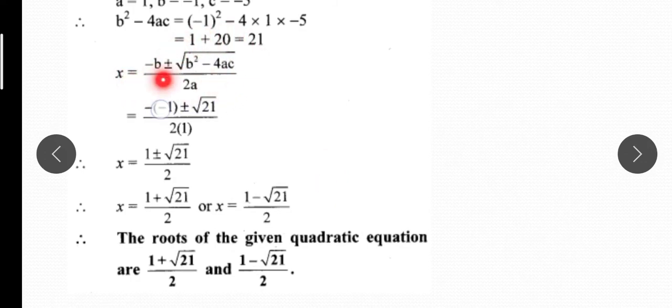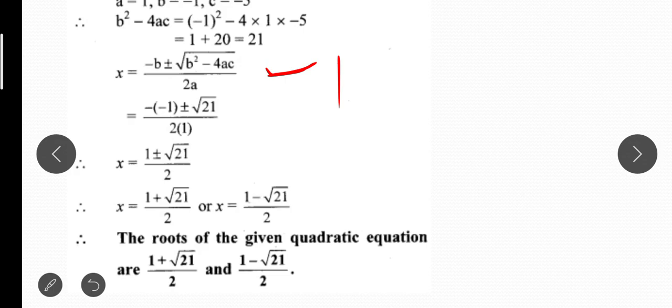We have the formula method, which I am going to use here: x is equal to minus b plus or minus square root of b square minus 4ac upon 2a. This is the formula you have to remember, and it is very important to write. If you write this formula in a 3 marks question, you will get 1 mark for the formula.